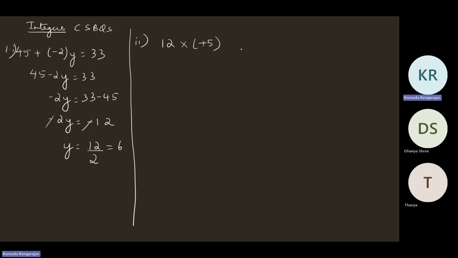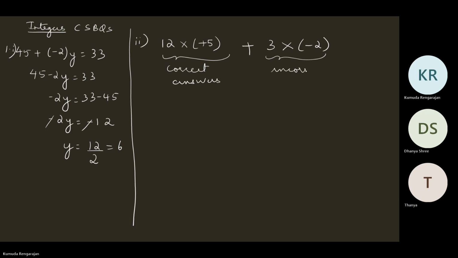Okay, you have done it separately. So this is for correct answers, right? Plus, what is for incorrect answers? 3 incorrect answers into minus 2, right? Okay, so this makes 60 minus 6, 54. Correct. You're right.